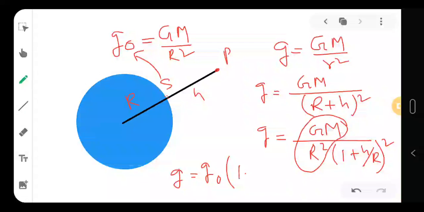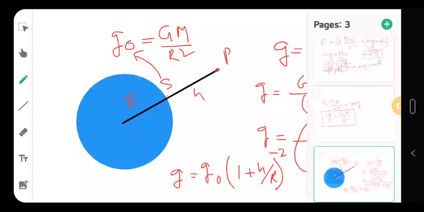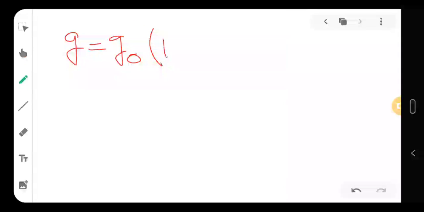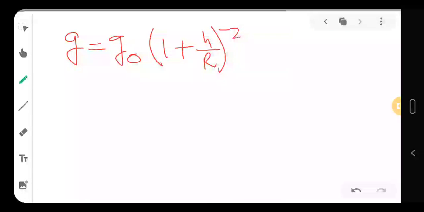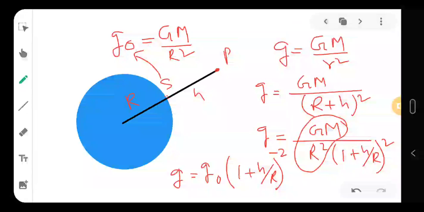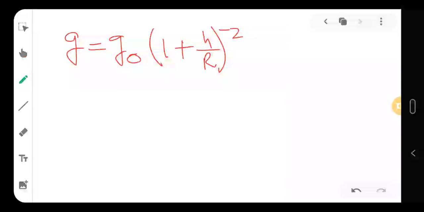This part I can take upside, so in the next line what I have gotten is G0 times (1 plus h by r) to the power minus 2.